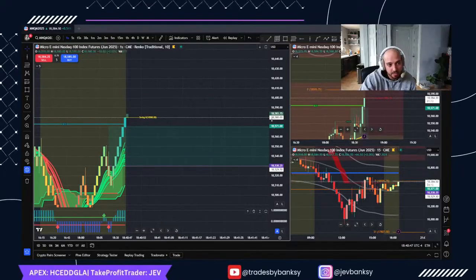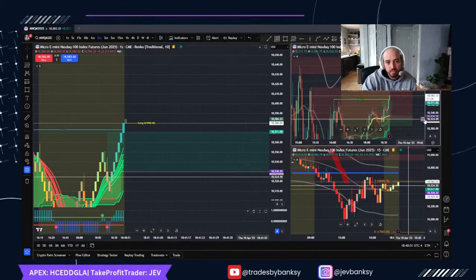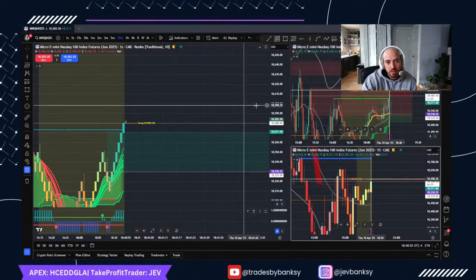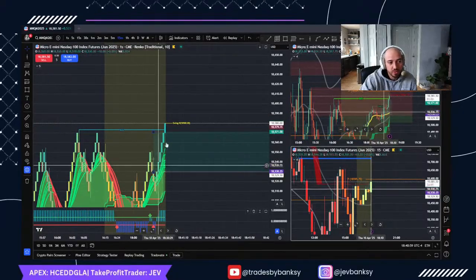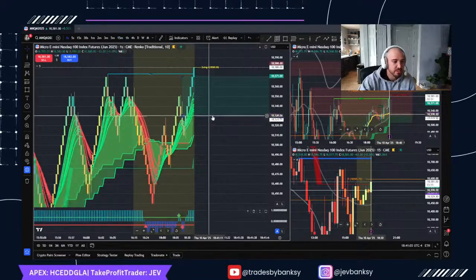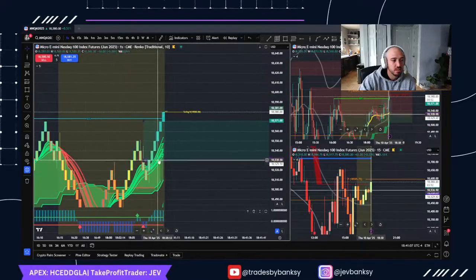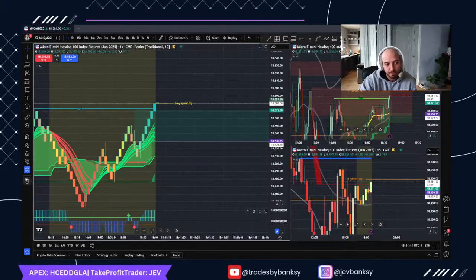But again, it can continue higher. If you were trading Asia and going for 5 boxes as your PT, you get 1 here, 1, 2, 3, 4, and you get 4 there. So that's PT right there.